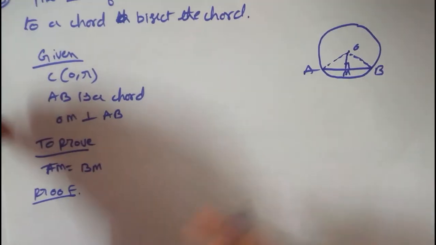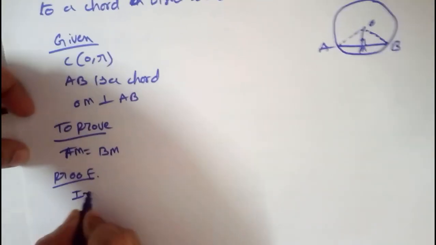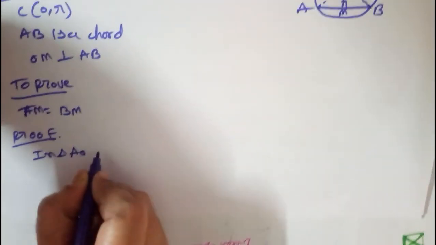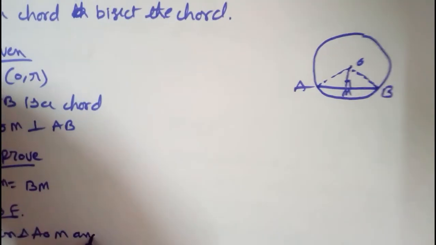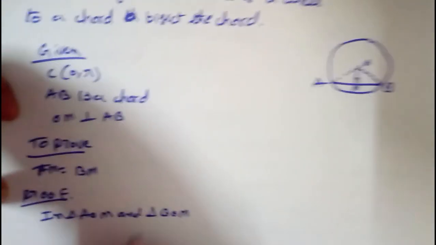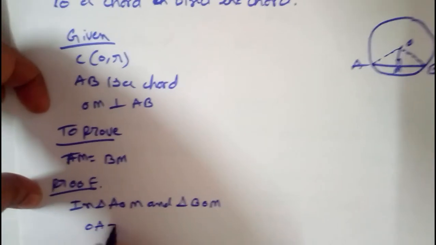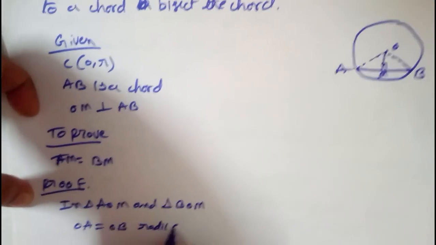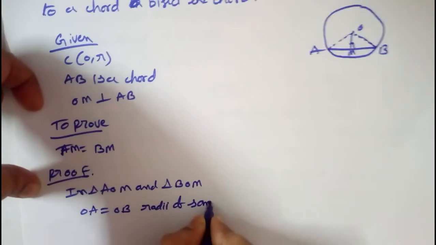So now write: in triangle AOM and triangle BOM, OA is equal to OB, radii of the same circle.